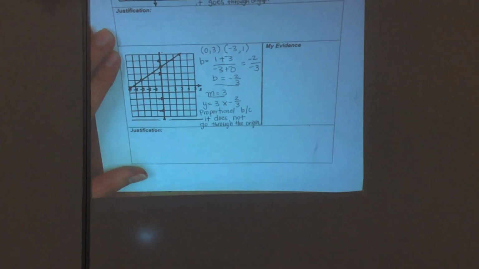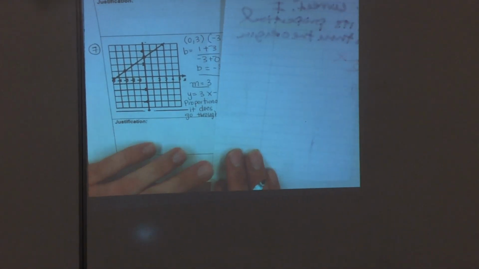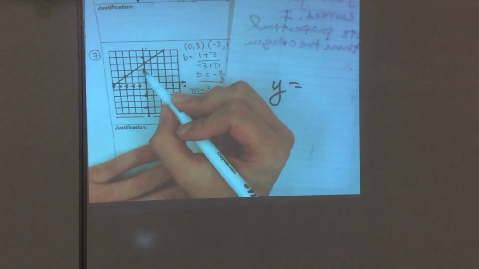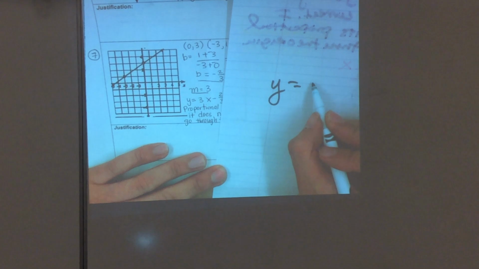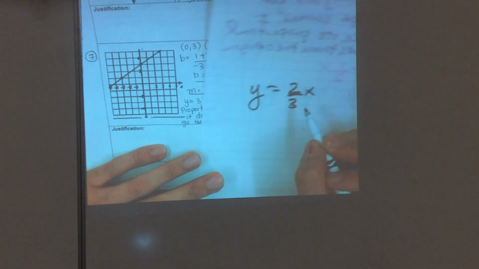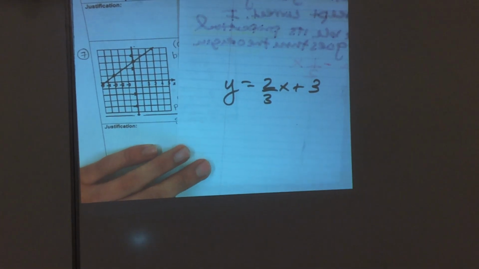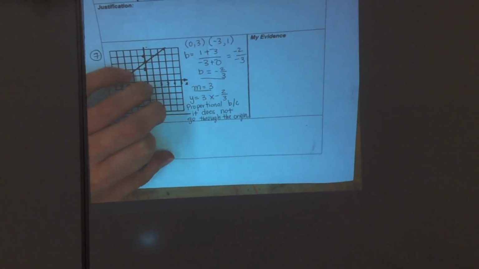The right answer should have been, for that one, y equals 2/3 x plus 3. And you could also have explained that they mixed up the slope and the y-intercept, okay?